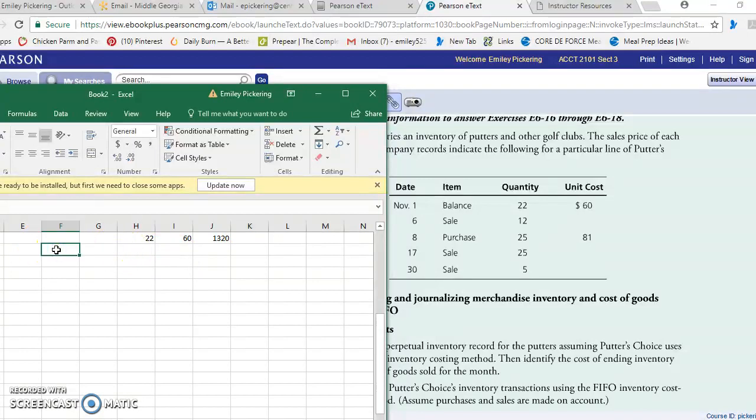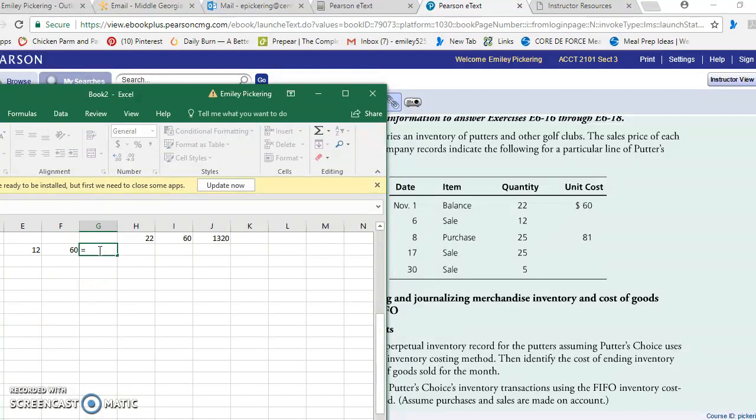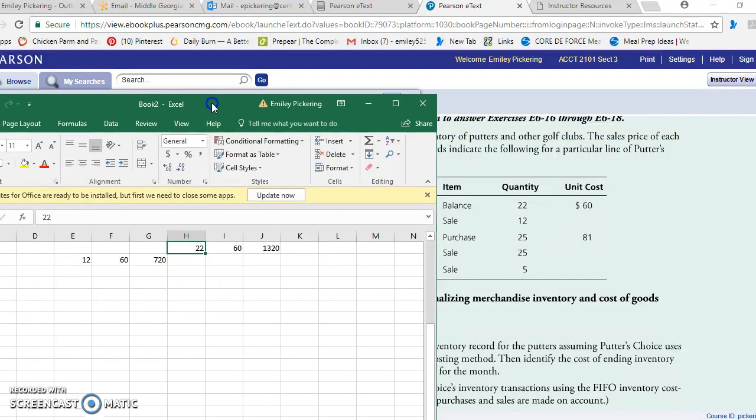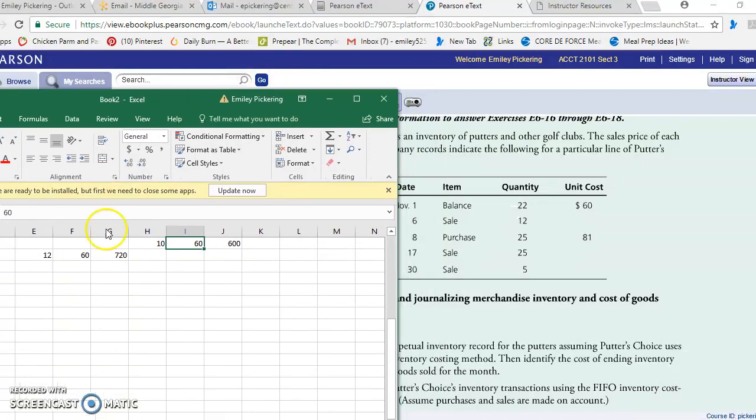Now my first sale is I sell 12, and they all have to come from the same place. So our cost was 720. Well, then I don't have 22 left here. I have 22 minus the 12 that I just sold. So I have 10. Now I make another purchase of 25 at the $81.